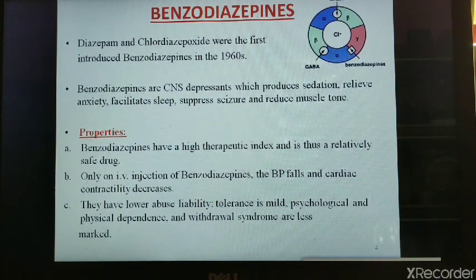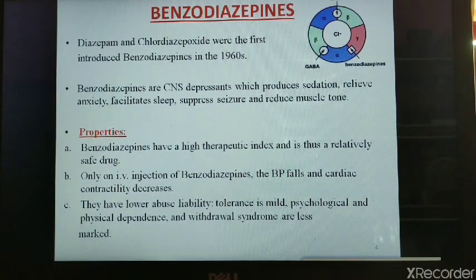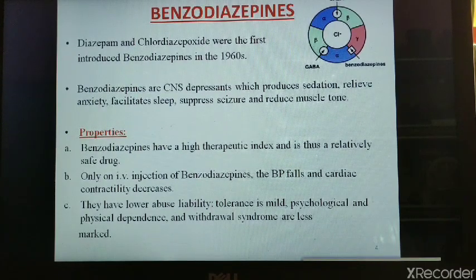Now, only in case of intravenous injection of benzodiazepines do the blood pressure and cardiac contractility decrease. Hypnotic doses also do not affect the respiration or cardiovascular functions.